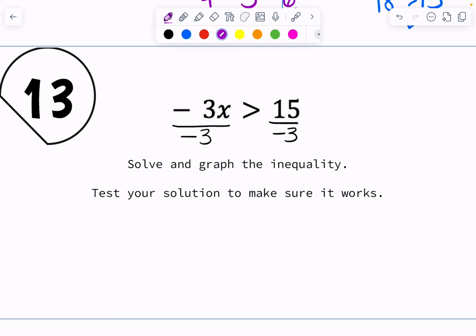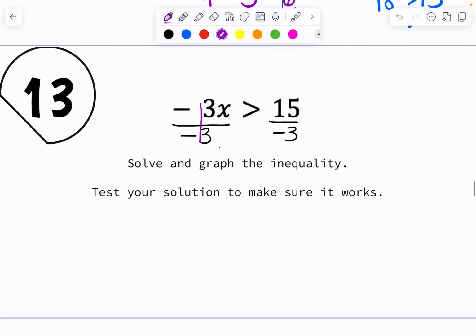So -3x divided by -3, my -3's will 1 out, leaving me with x. And then 15 divided by -3 is -5. And then because I'm dividing both sides by a negative number, I'm actually going to end up flipping my inequality symbol to be less than. So we get x is less than -5.